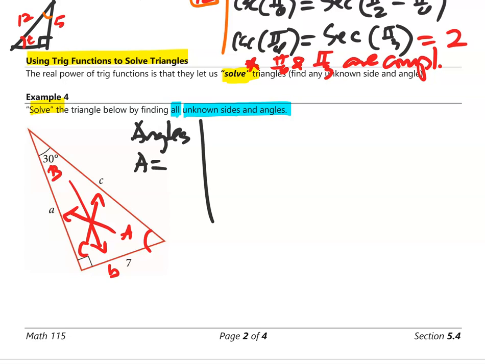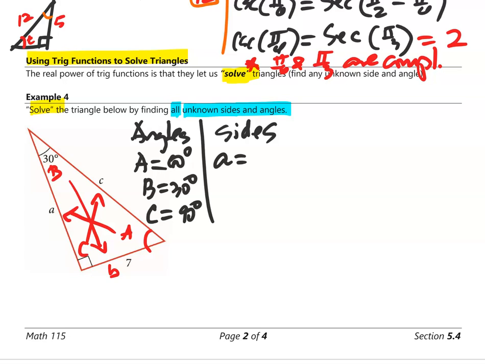A is 60 degrees, B is 30 degrees, and of course our C is 90 degrees. And our sides, a, we need to solve this. b is equal to 7, and then also we need to solve for our hypotenuse c.